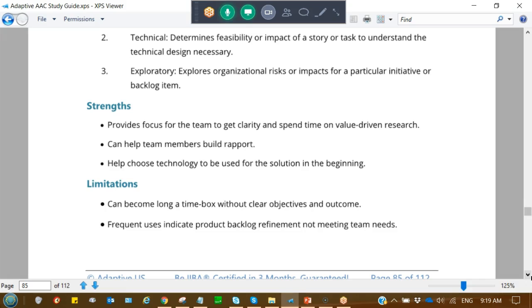It says on their strengths that you can help teams to build rapport. I would argue that this is internal, so that it gives the developers on the team a chance to hone in on what they need to do.